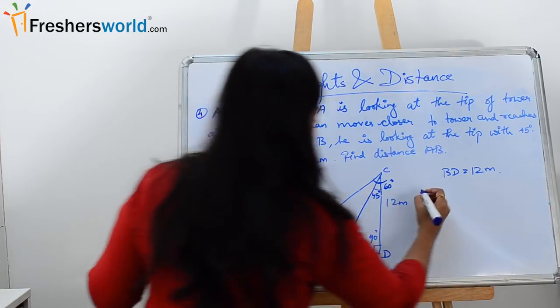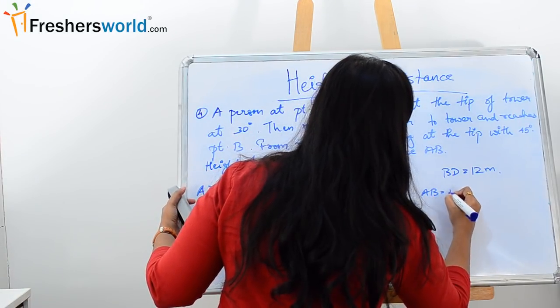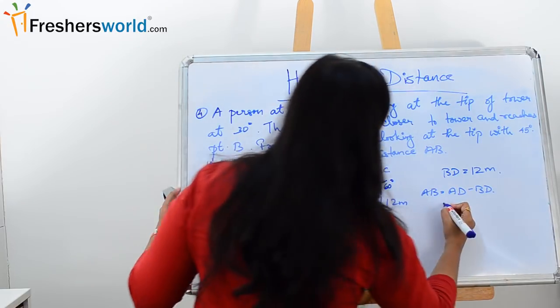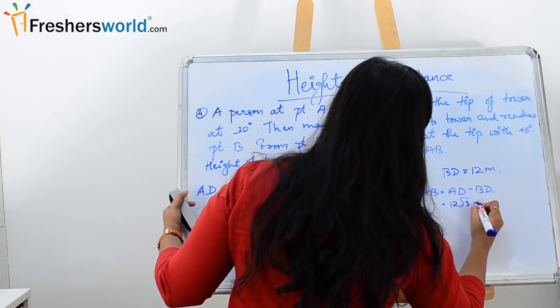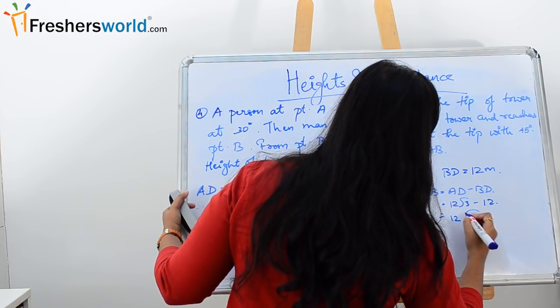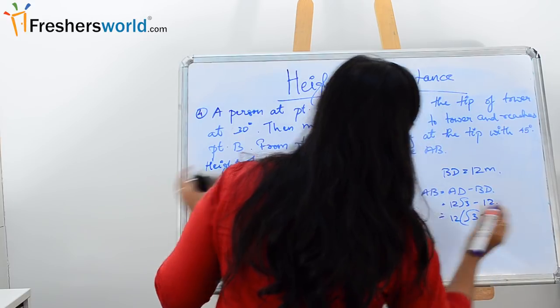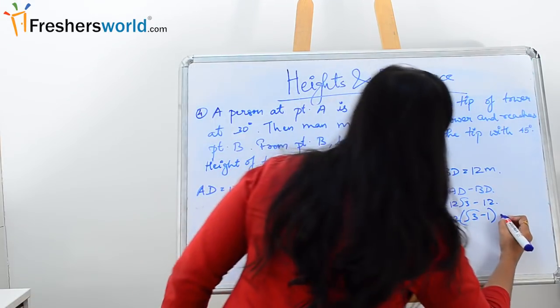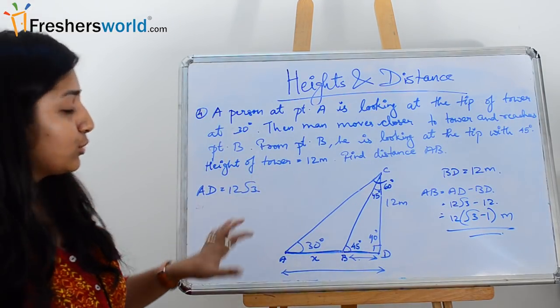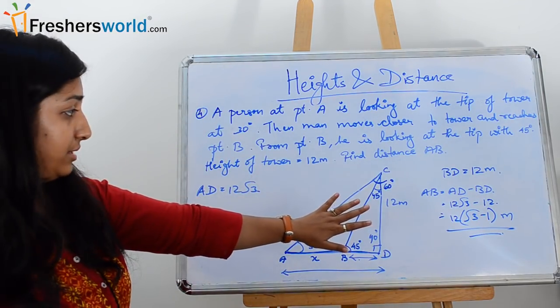AB will be equal to AD minus BD. AD is 12√3 and BD is 12. So the answer will be 12(√3 minus 1) meter. See how simply using these two equations we found this answer too.